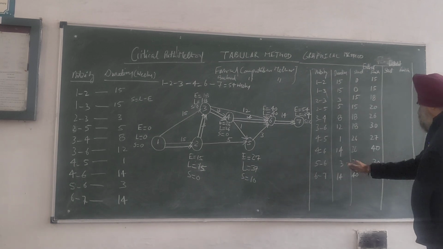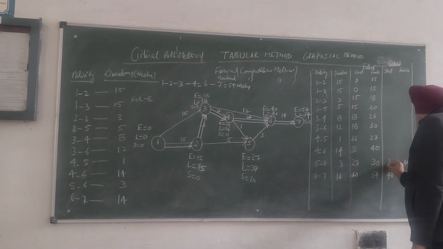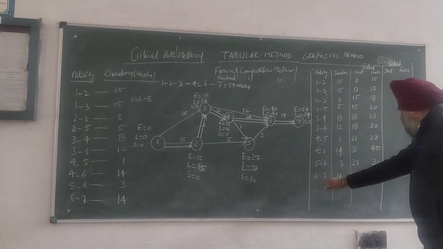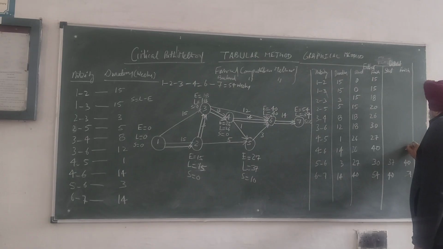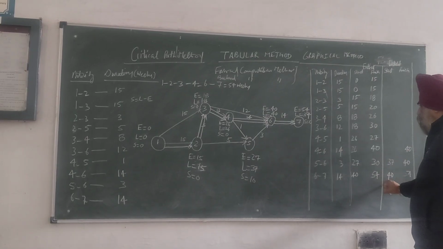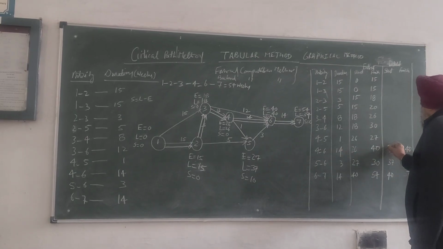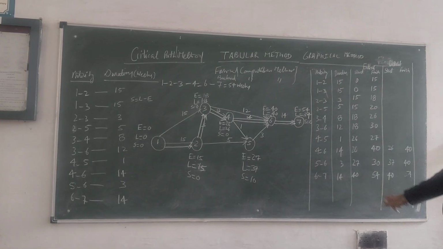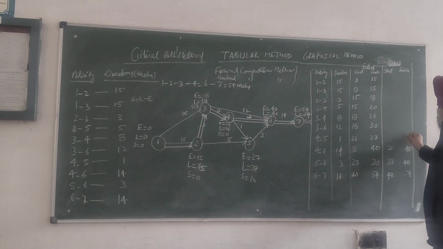40 minus 3 becomes 37. Correct? At 6, again the value is 40. 40 minus 14 becomes 26. Okay? At 5, we have value 37.